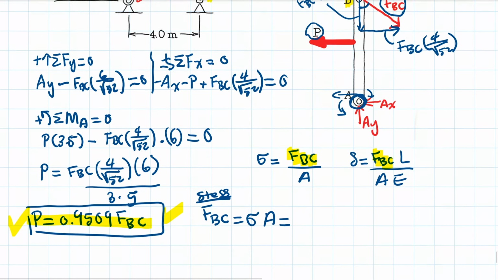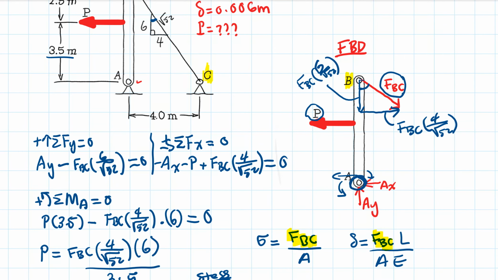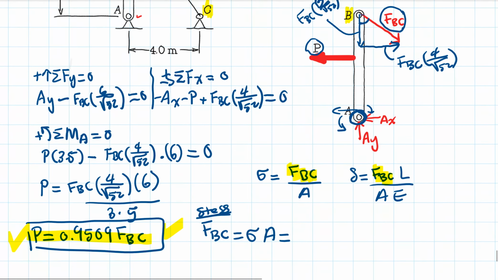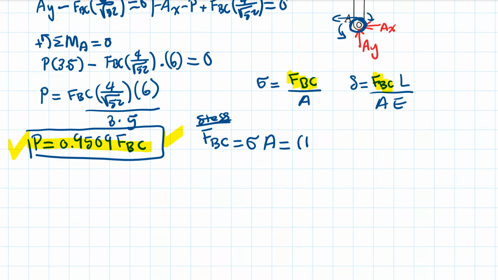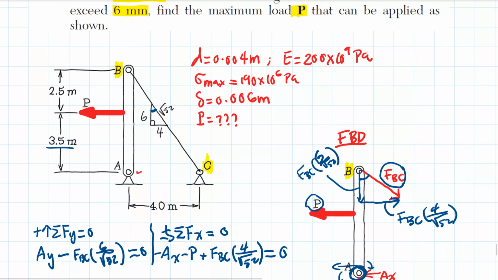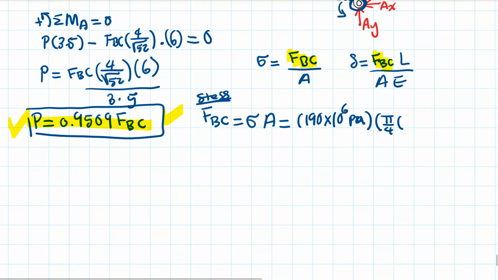Now from the problem we are given that 190 times 10 to the power 6 Pascal times the area, which will be pi over 4, times the diameter we said is 0.004 meter squared.